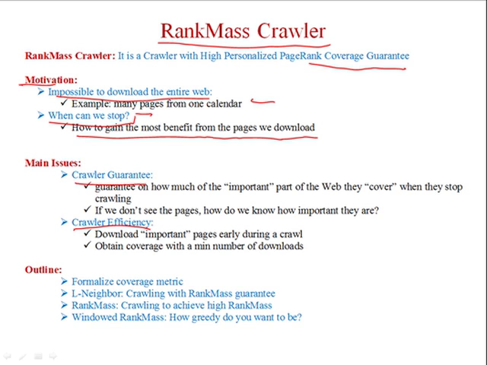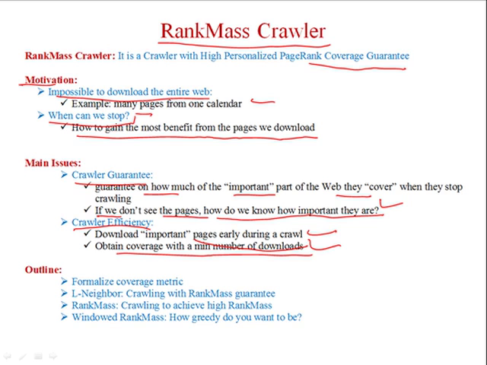Crawler guarantee means a guarantee on how much of the important part of the web we covered with minimum crawling effort, and if we don't see the pages, how do we know how important they are? This is a very important part. Now crawler efficiency: download the important pages early during the crawl and obtain them with the minimum number of downloads.